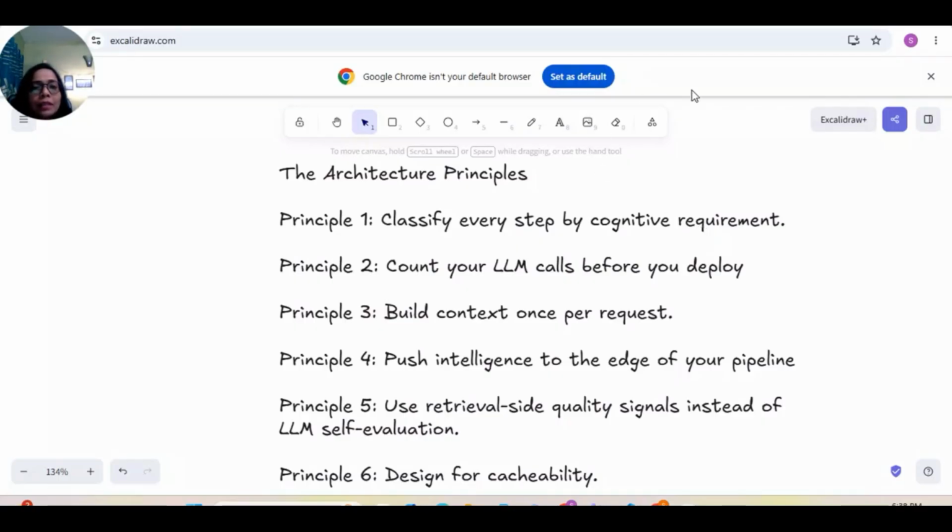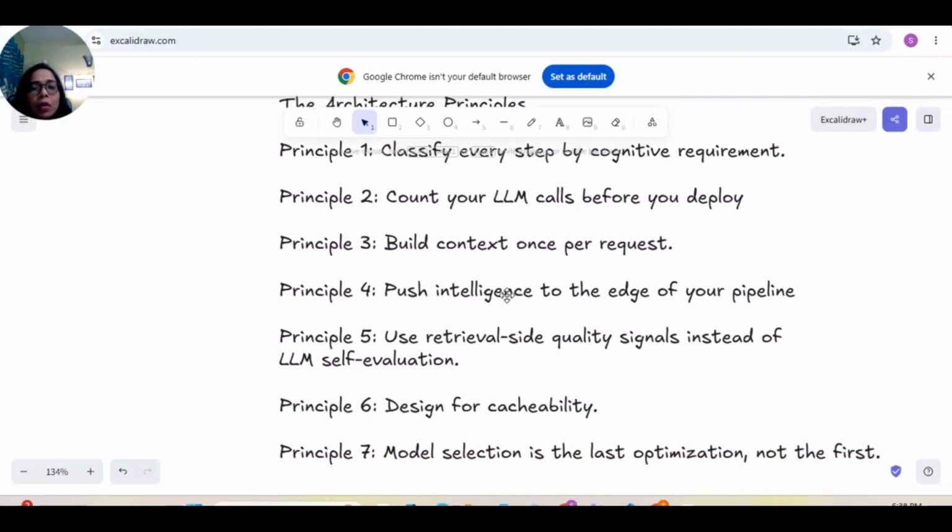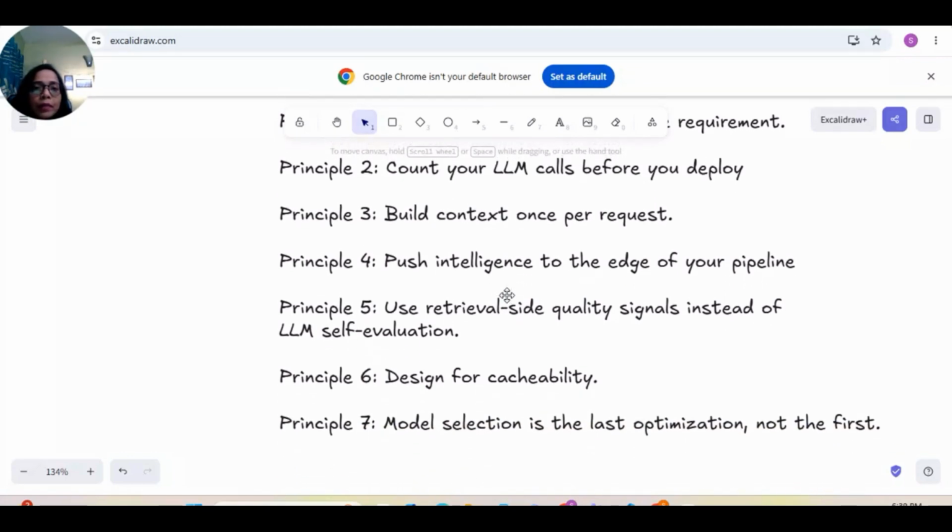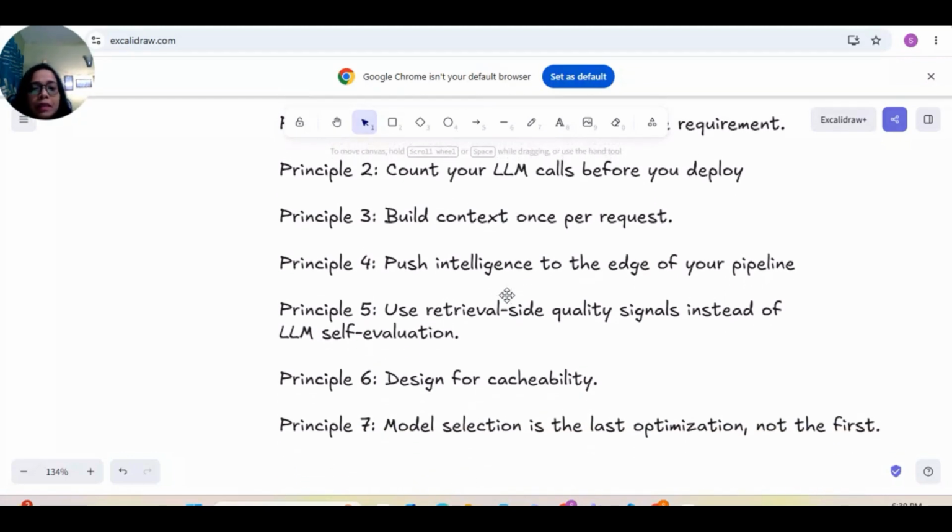The second one is: count your LLM calls before you deploy. How many LLMs are getting called? Each LLM call is expensive, and it's not per feature, it's per user request. We have to count the LLM cost. So trace a typical request from input to output and count how many times we are hitting the LLM API.